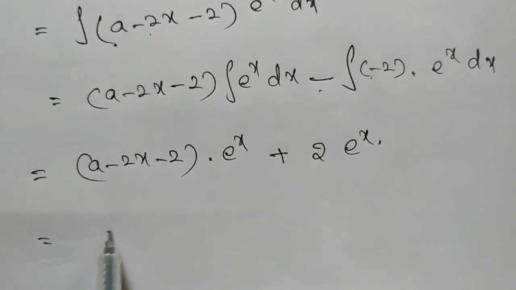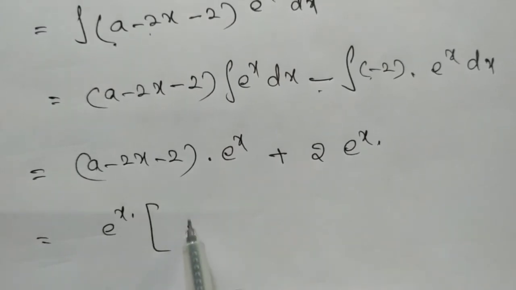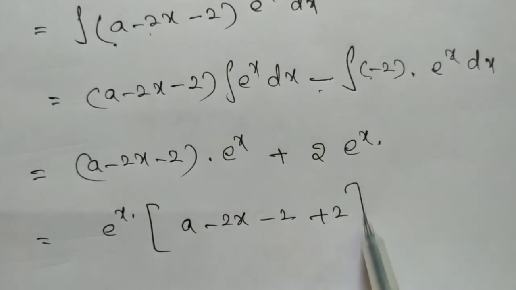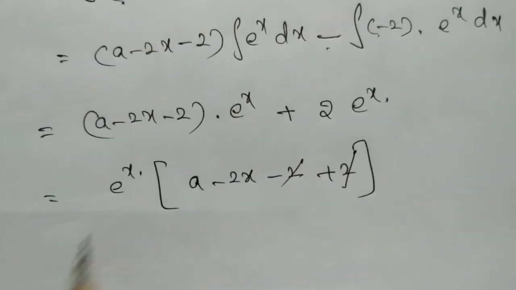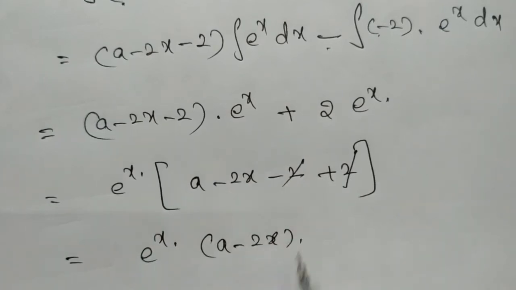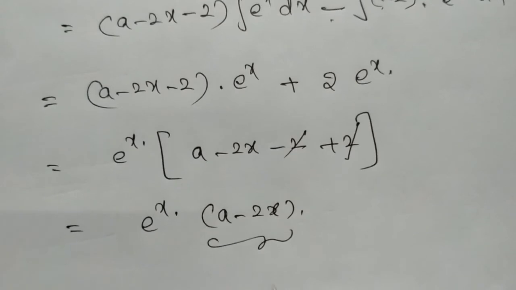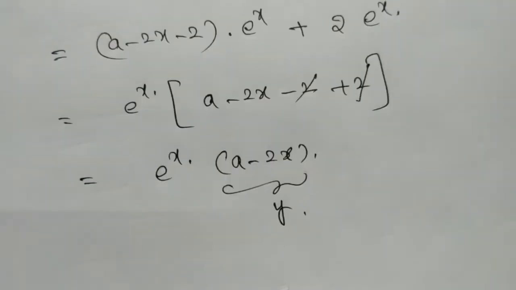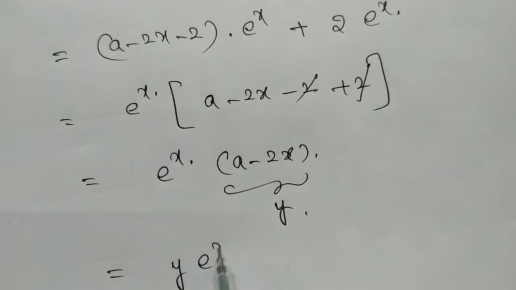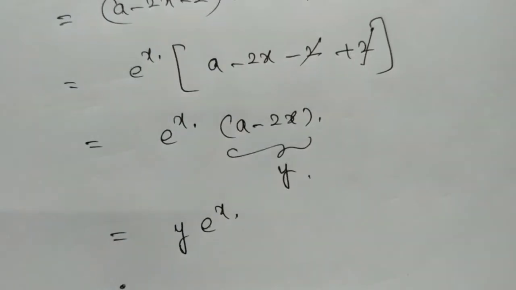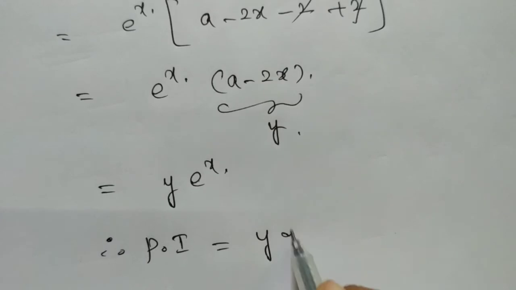So in both terms here e power x is common, a minus 2x minus 2 plus 2. So plus 2 minus 2 cancelled, e power x into a minus 2x. So here again a minus 2x is nothing but y. So therefore y into e power x. Our final particular integral value is equal to y e power x.